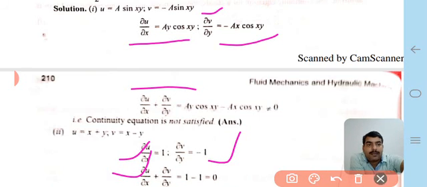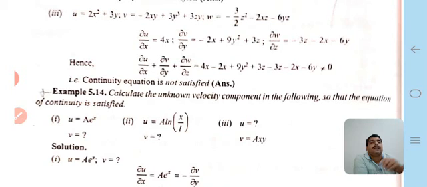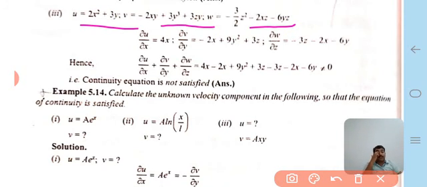Now, next we come to the third part of this question. Three velocity components are given, that is, a three-dimensional flow. u is equal to 2x square plus 3y, v is equal to minus 2xy plus 3y cube plus 3zy, and w is equal to minus 3 upon 2 z square minus 2xz minus 6yz.